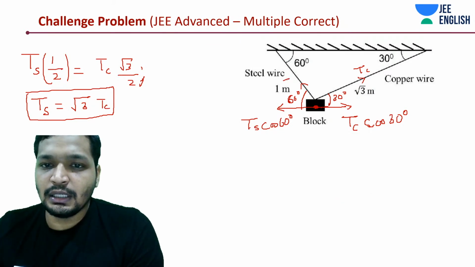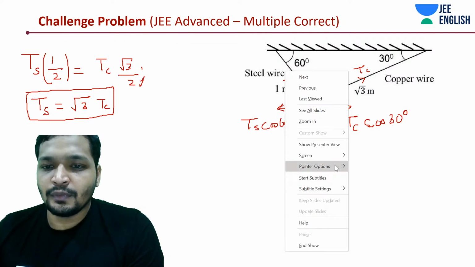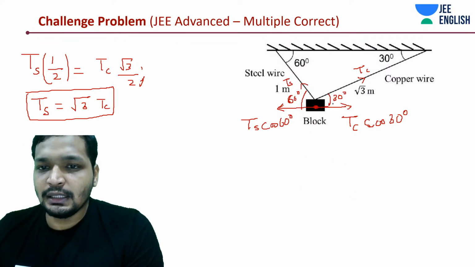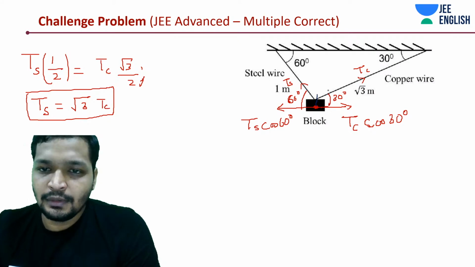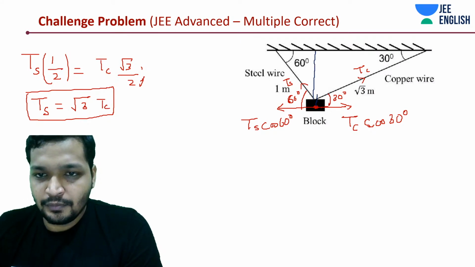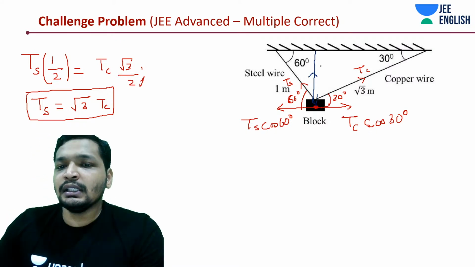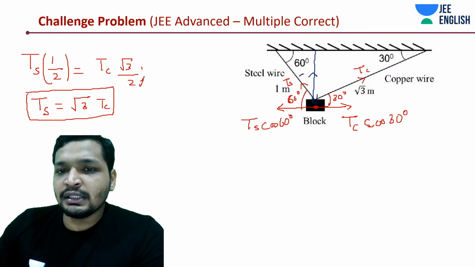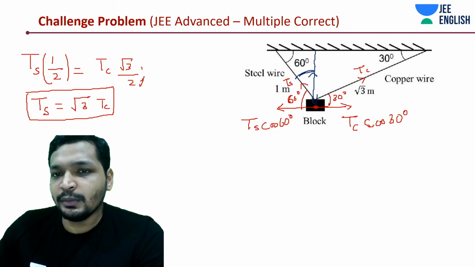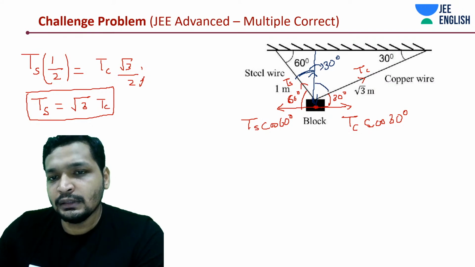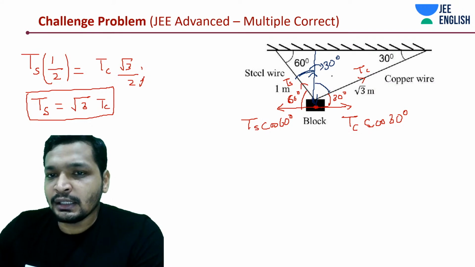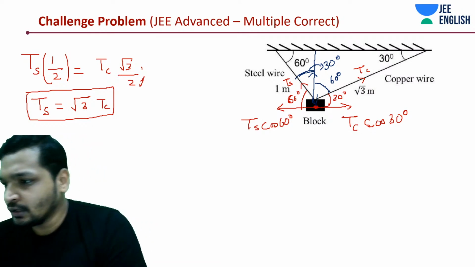This is TS, and this side is TC. How much is this angle? 30 degrees. If this is 60, this is 90, this is going to be 30 degrees. How about this angle? This is 30 degrees, that means this should be 60 degrees.